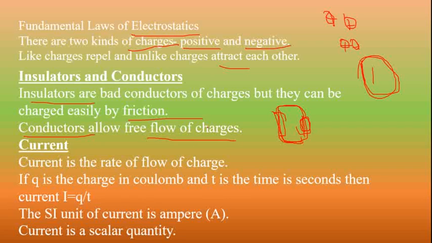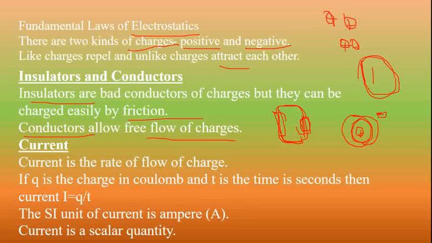You might get a question: why do only conductors have loose electrons, or why do they have flow of charges? The reason is that the atoms of conductors have loose bonding. The exterior electrons, that means valence electrons, don't have much attraction towards the nucleus, so they come loose from the atom and freely roam here and there.